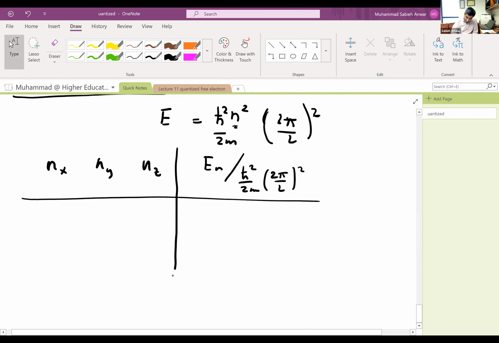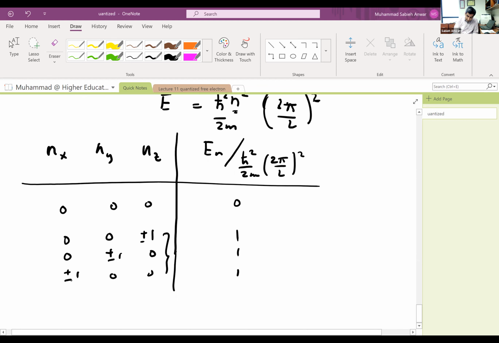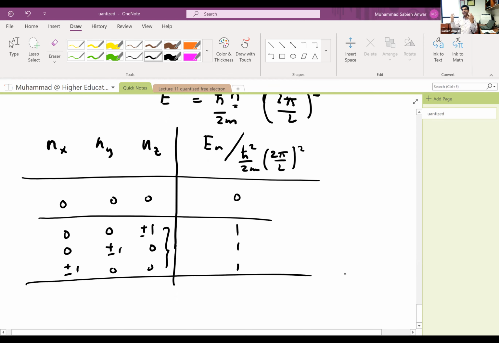Okay, then I can have 0 0 0 here, which gives me an energy 0. I could have 0 0 1 here, which gives me an energy 1 square, which is 1. But minus 1 would also give me the same energy. This would also give me the same energy. So all 6 of these combinations of n's give rise to the same energy.